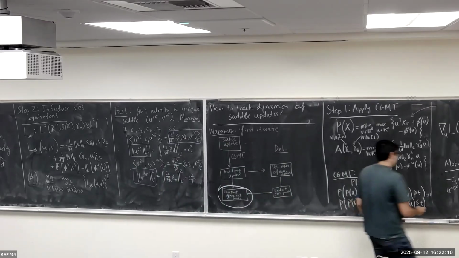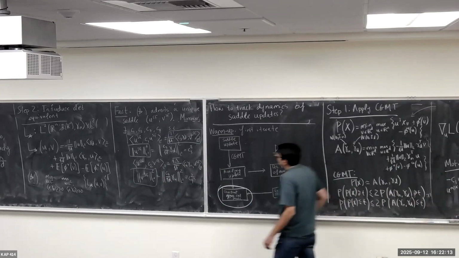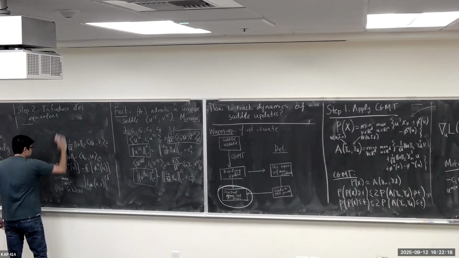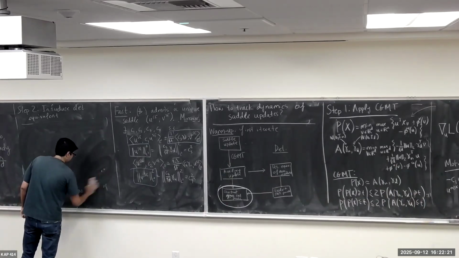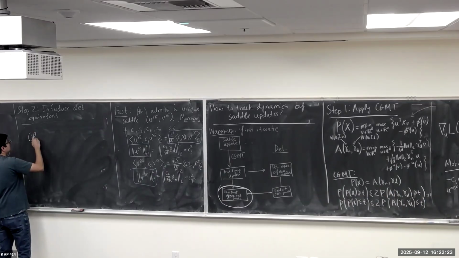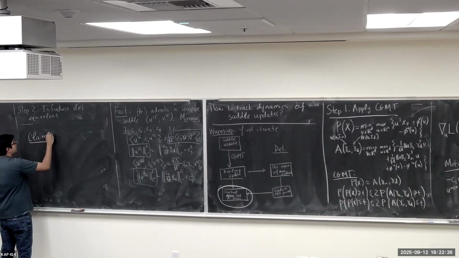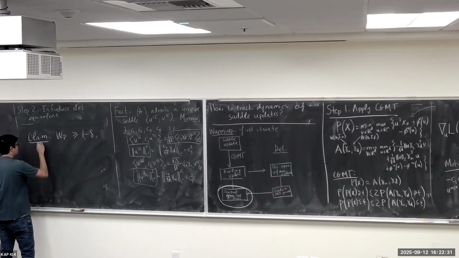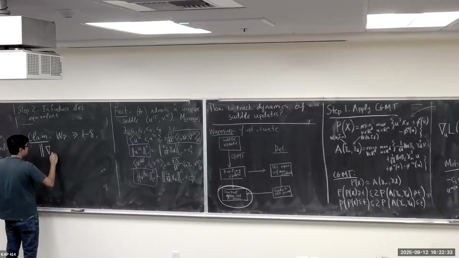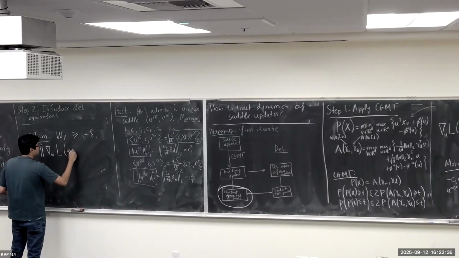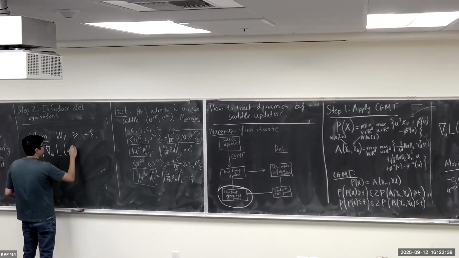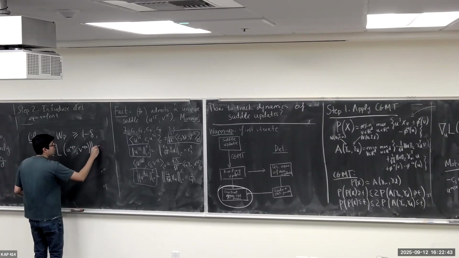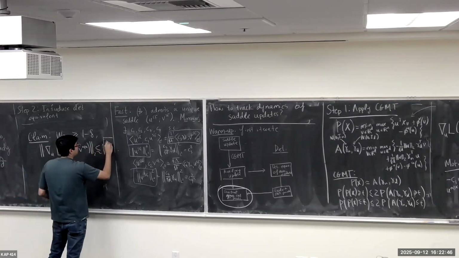So the claim is that, with probability at least 1 minus delta, the gradient in U of L at U APX, we define V APX in the same way, this is small.